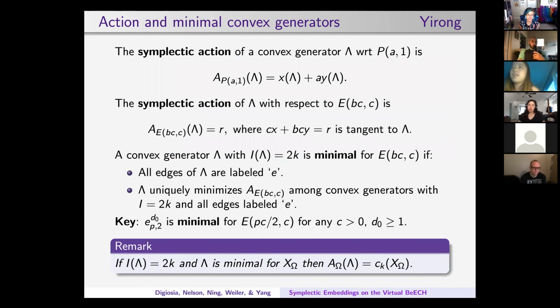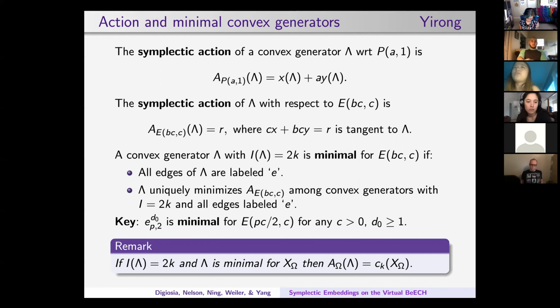Next slide, please. Another extremely useful piece of information about convex generators is their symplectic action with respect to different toric domains. The action actually changes, so it depends on the toric domain we are considering. In general, it's not very straightforward to compute, but luckily the actions of a convex generator with respect to the polydisk and the ellipsoid can be directly computed with the formulas here.